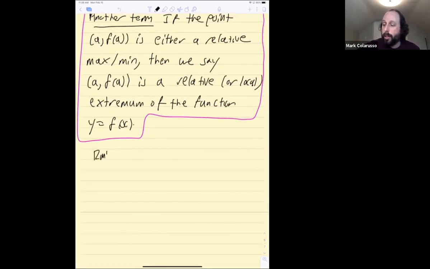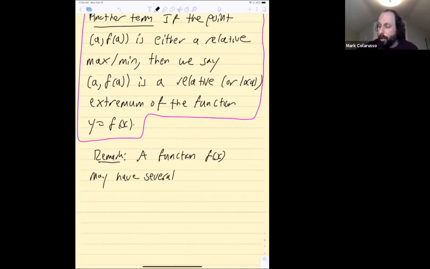So some remarks. The first remark: a function f(x) may have several relative extrema.